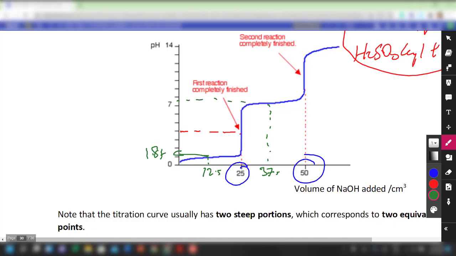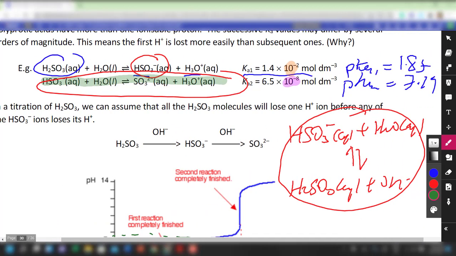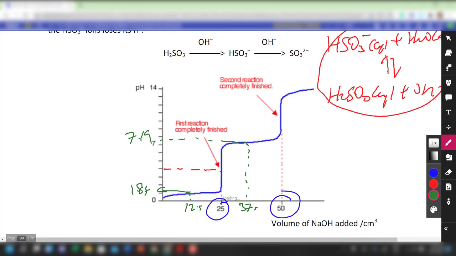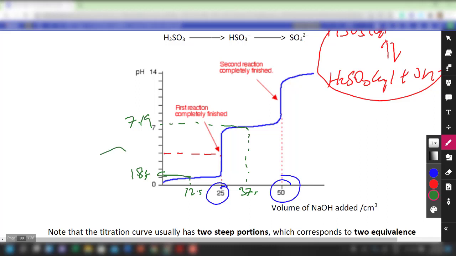So you should be able to write it as 7.19. If you read in advance a little bit, the pH of this equivalence point, you can approximate it to be half of 7.19 and 1.85. So that will be 1.85 plus 7.19 divided by 2. So it will be approximately 4.52.